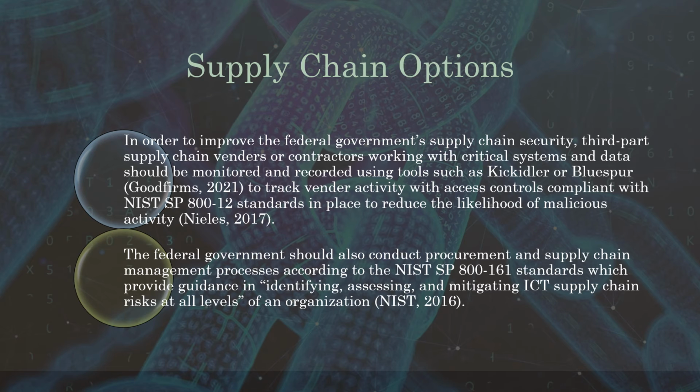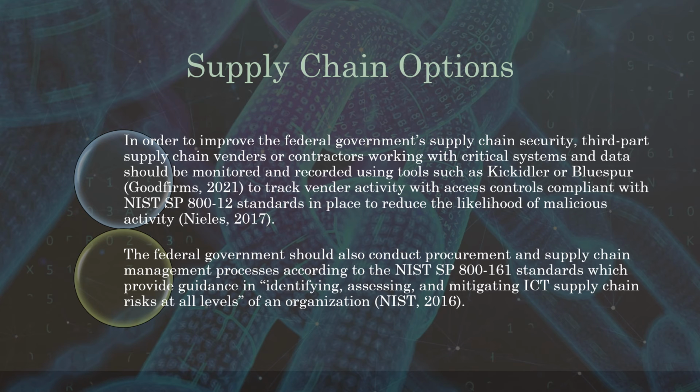So we need 24/7 continuous monitoring of any access into our network, and data leaving our network. We should probably put in place data loss prevention systems, but we're mostly concerned about external threats to our supply chain. So monitoring is important, and then access controls that are compliant with NIST 800-12 standards, critical to our cybersecurity when we're dealing with large supply chains.